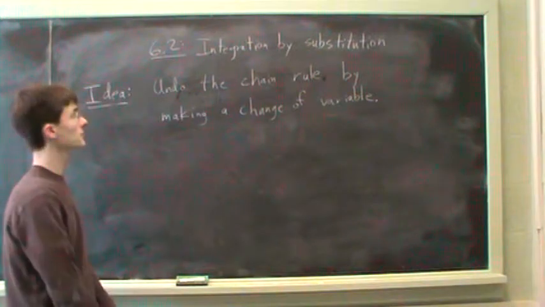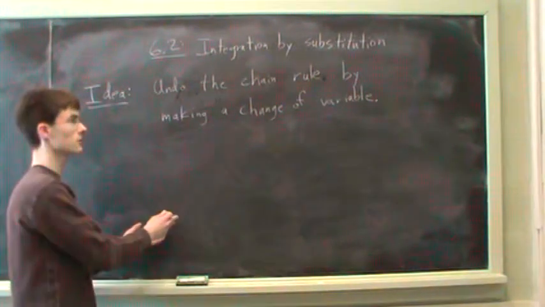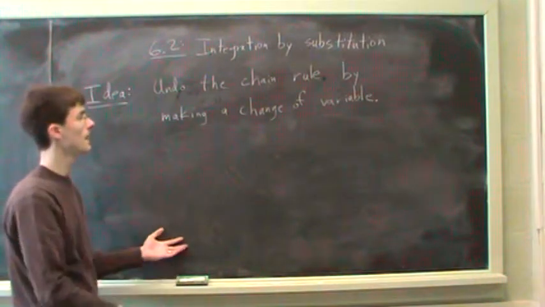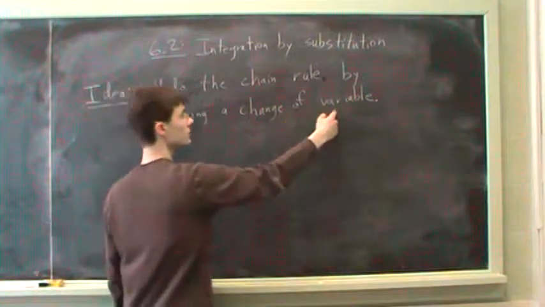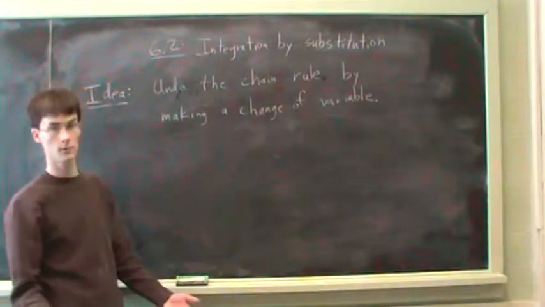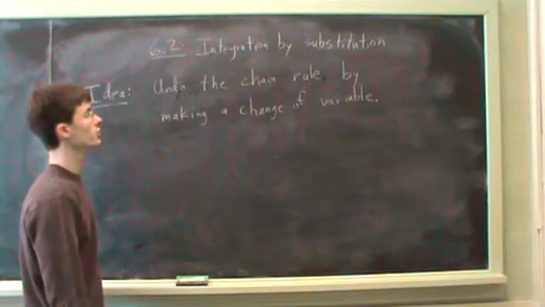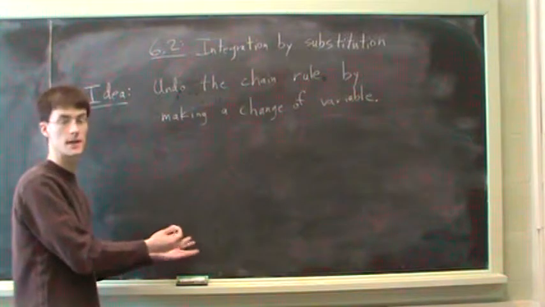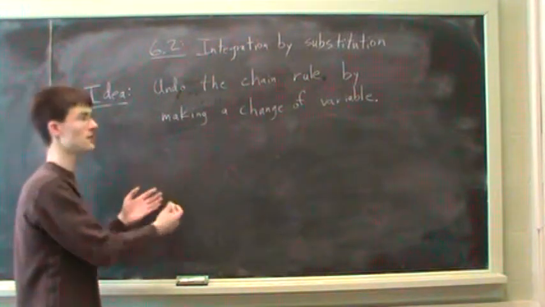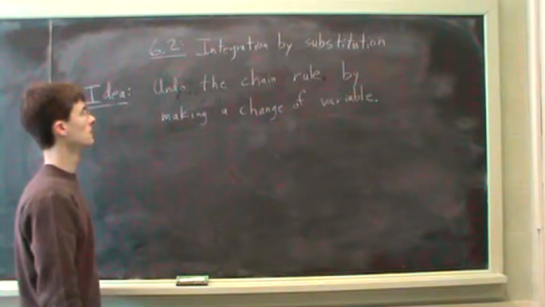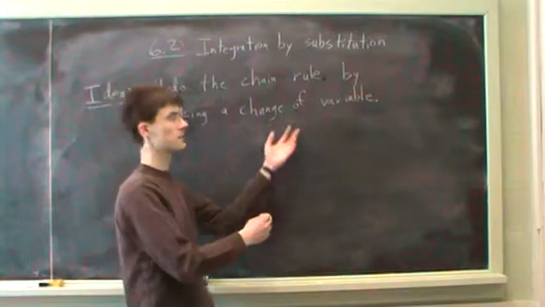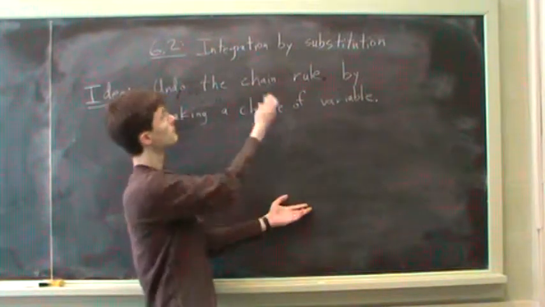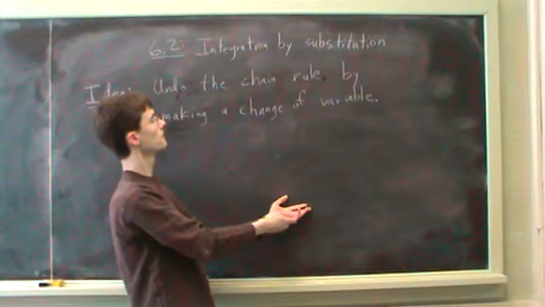So what that means is we're going to start off with an integral, perhaps an integral with respect to x. And what we're going to do is change to a different variable whose meaning we choose, which makes the integral simpler. It sort of will expose the basic structure of the thing we're trying to integrate. And then with respect to this new variable, perhaps it's u, often we'll use the letter u, and many people call this technique u substitution.